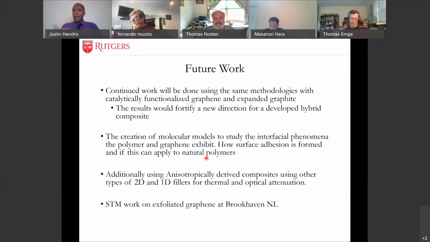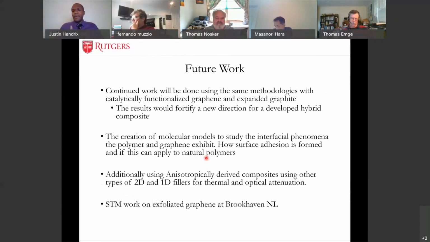And some future work: I'm working on a project where we take catalytically modified graphene using copper, nickel, and cobalt, run it through the same process, and try to study some of the interfacial characteristics of that system.